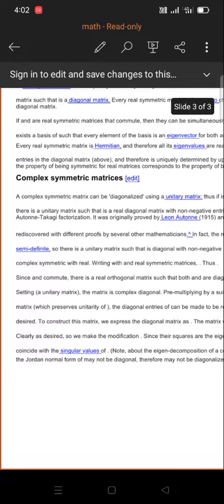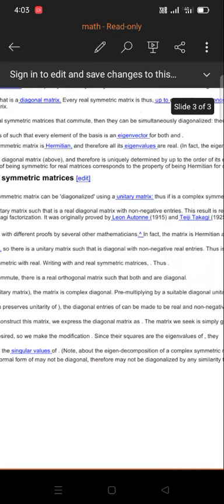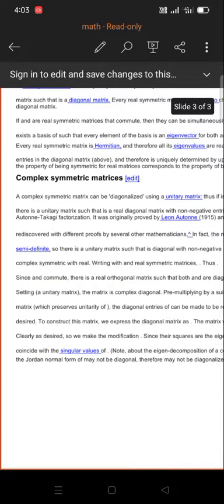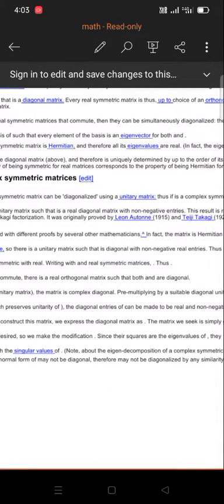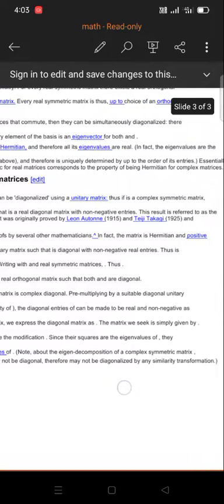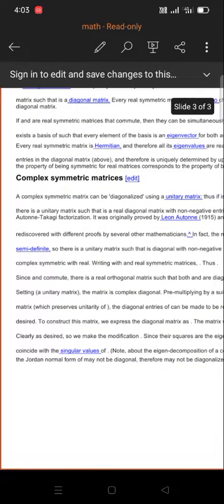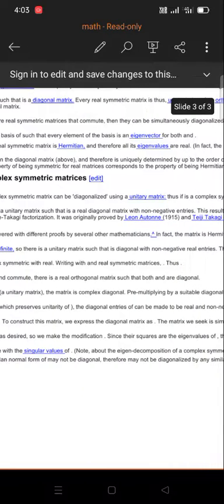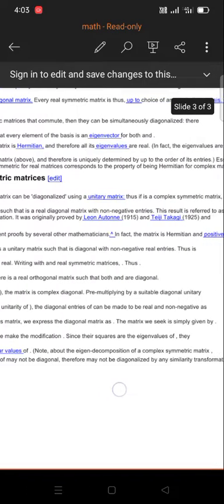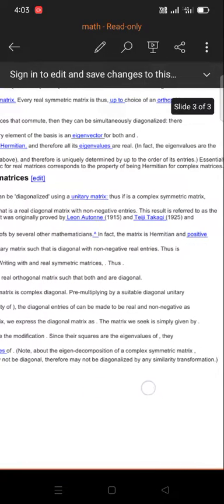The diagonal entries are the eigenvalues of A* A, which coincide with the singular values of A. Note about the eigendecomposition of a complex symmetric matrix A: the Jordan normal form of A may not be diagonal, therefore A may not be diagonalized by any similarity transformation.